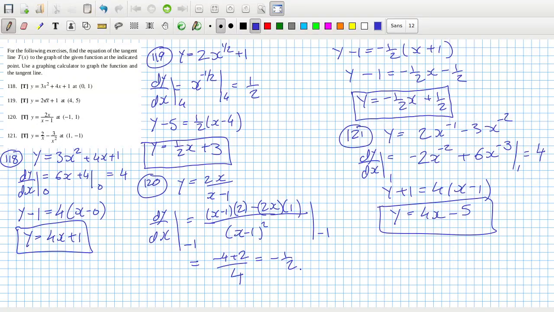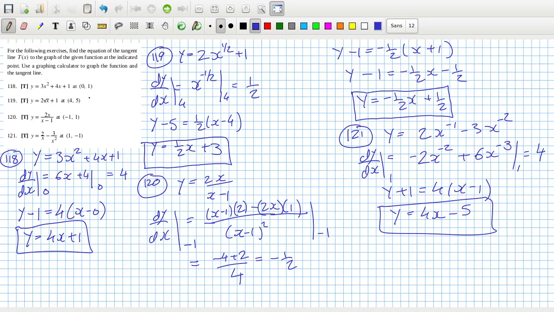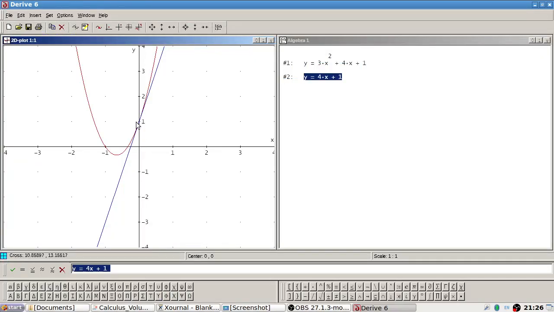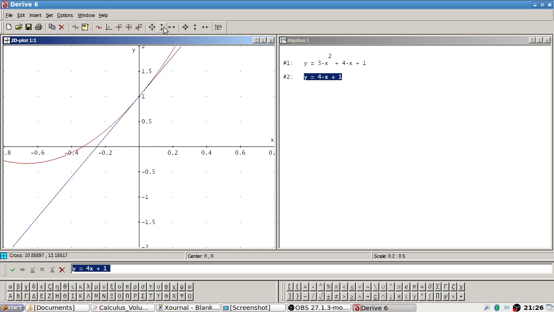And then the line is y equals 4x plus 1. It looks like a tangent at 0, 1. That seems to check out for me. I could zoom in just to make sure. Yeah, looks pretty good to me.